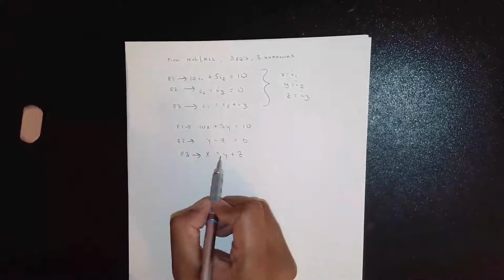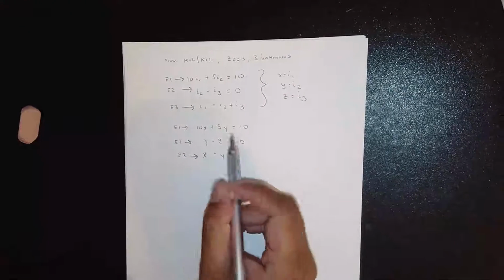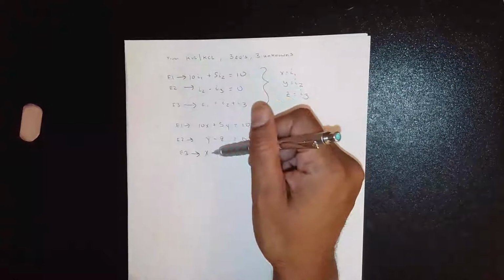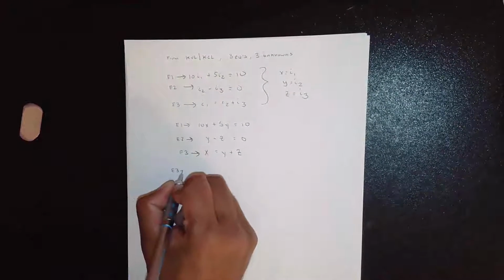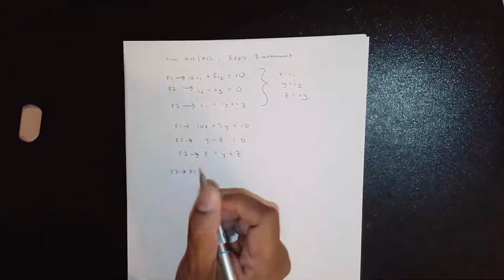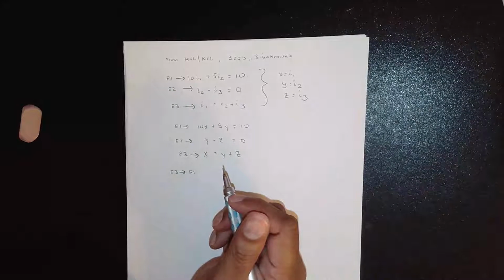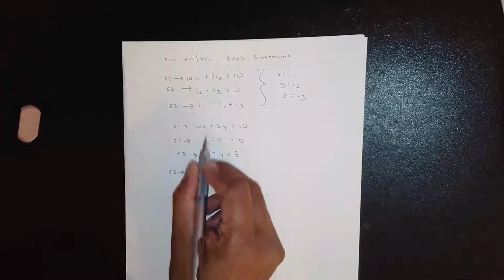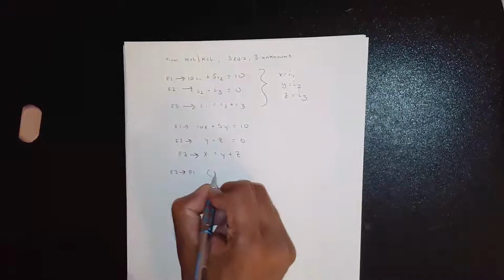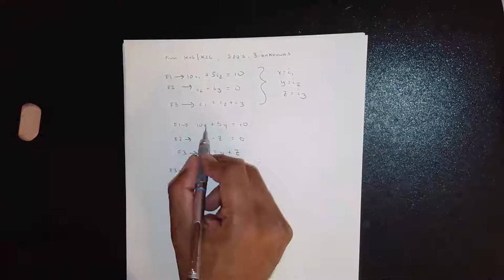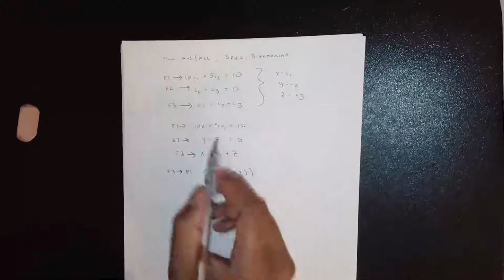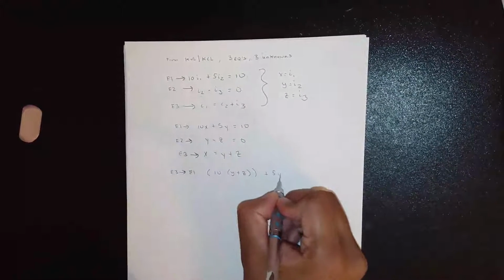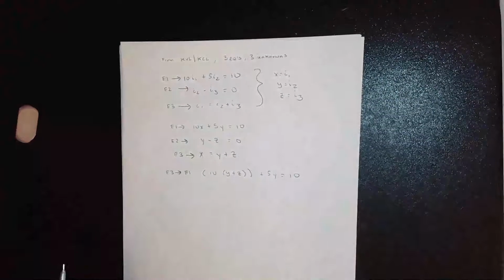So now you said x equals y plus z, and you want to plug in x into here. Equation 3 goes into equation 1, and you plug in the value for x. So here you get 10 times y plus z, plus 5y, is equal to 10.